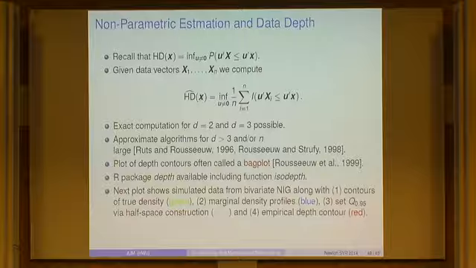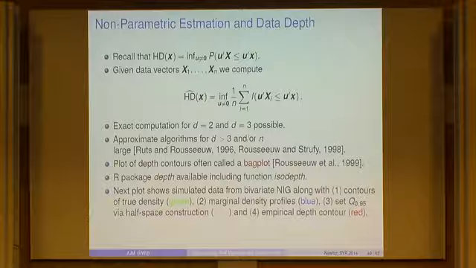Well, the empirical analog is that you have n d-dimensional data vectors, and you compute this quantity for the empirical measure of the data. Computing this means computing a sum, 1 over n, of the indicator that u transpose xi is less than u transpose x. That's how you compute empirical depth at a point x.